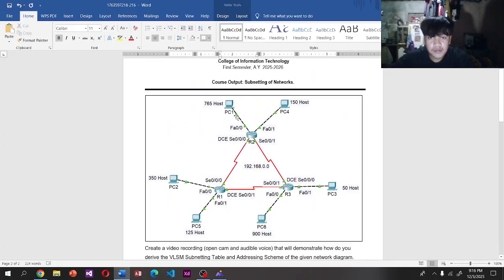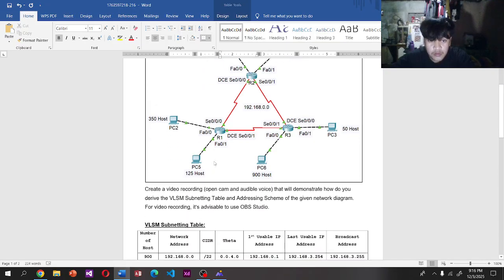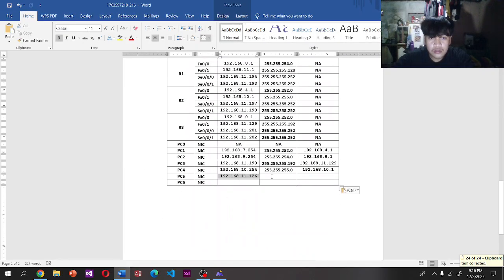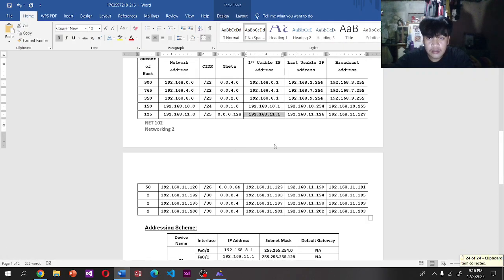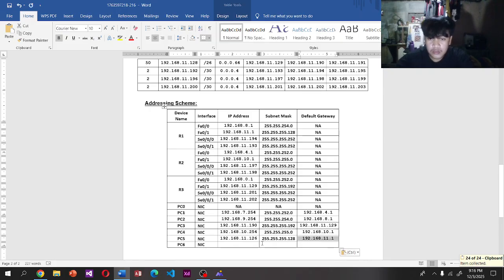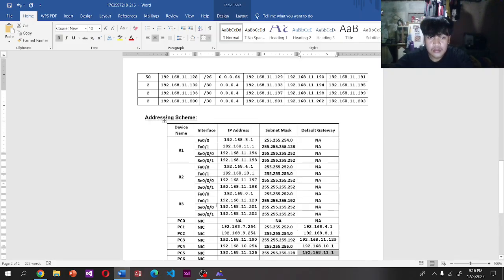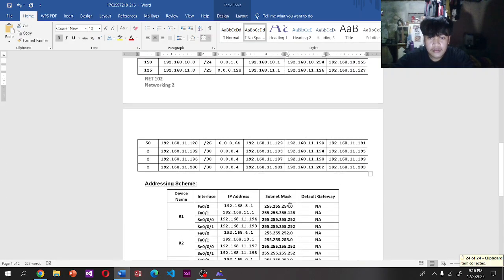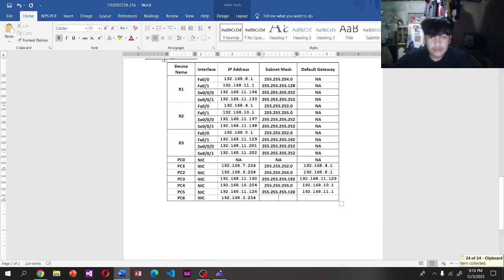PC5 has 125 hosts, CIDR 25, mask 255.255.255.128, and default gateway 192.168.11.1. PC6 has 900 hosts, mask 255.255.252.0.